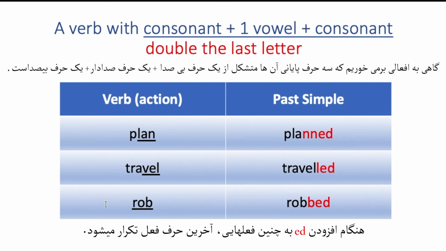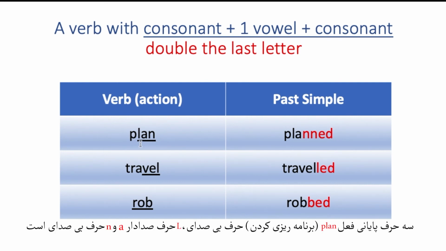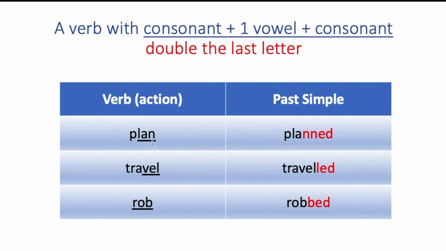Now, sometimes you have verbs where the last three letters are a consonant, vowel, and consonant. Okay, so the verb plan, P-L is a consonant, A is a vowel, N is a consonant. So consonant, vowel, consonant.